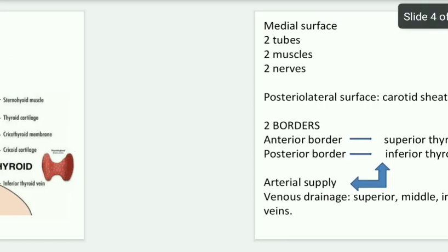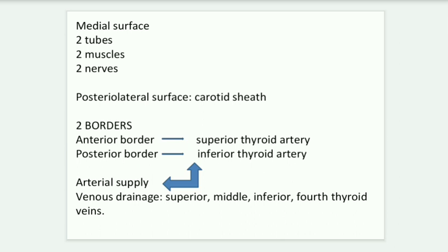When coming to the posterolateral surface, the main important point is that it is surrounded by the carotid sheath. And there are two borders, anterior border and posterior border. Your anterior border is thin and related to the superior thyroid artery. The posterior border is thick and related to the inferior thyroid artery.